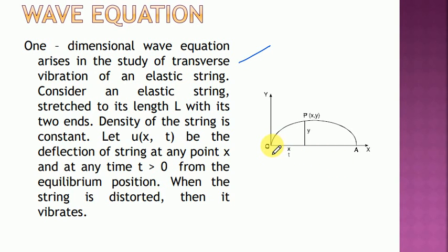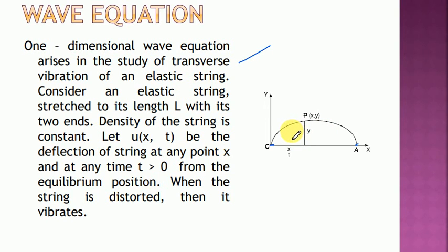Suppose we have a string of length L that is stretched between two ends O and A, and if there is some distortion in the string, then the string will have a periodic motion.